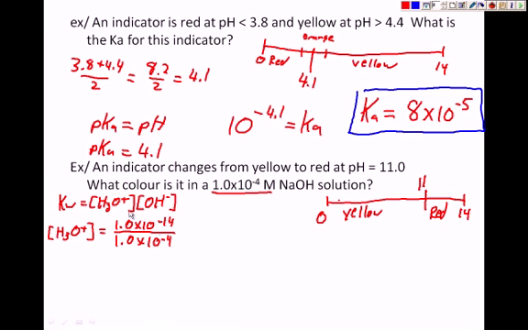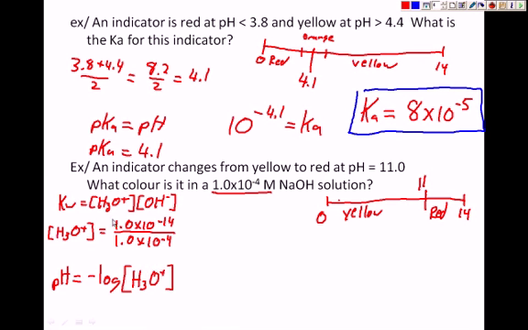I'm going to take this and put it into my pH formula. pH equals the negative log of H3O+.